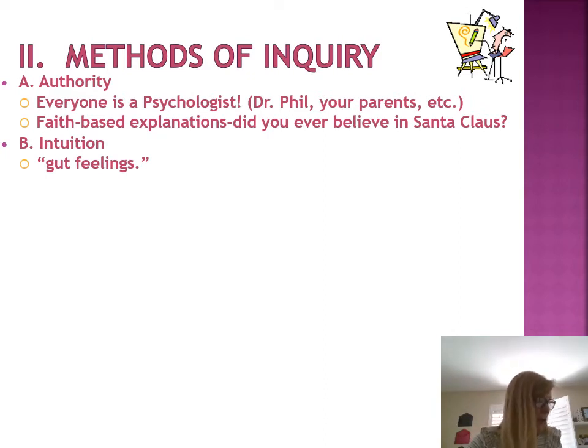The next method is intuition, and that is gut feelings. This is great maybe for making some personal choices, maybe some moral or ethical choices in your personal life. In this case, you feel that you believe something is true just because you feel it's true, because you have a gut instinct or hunch that it's true.